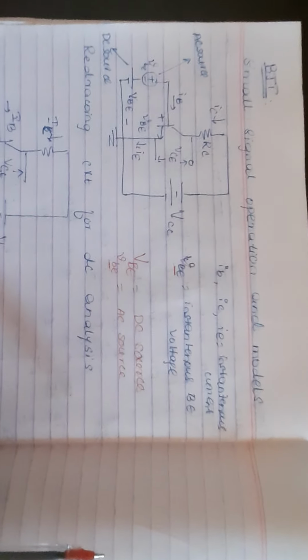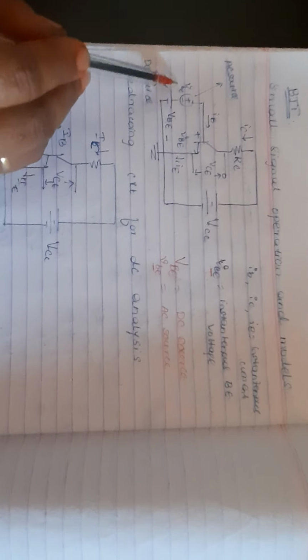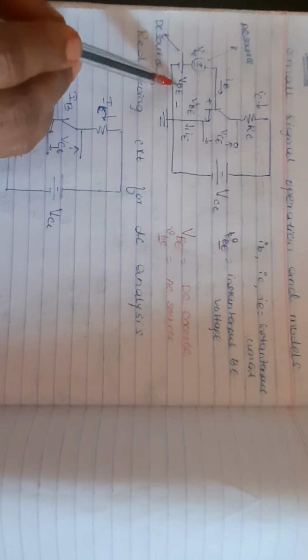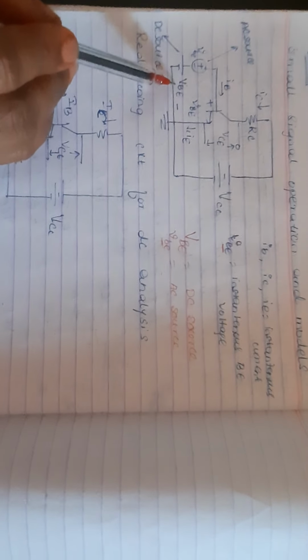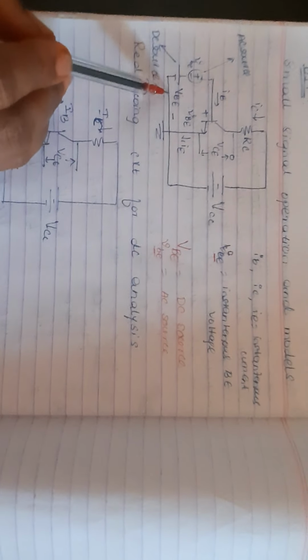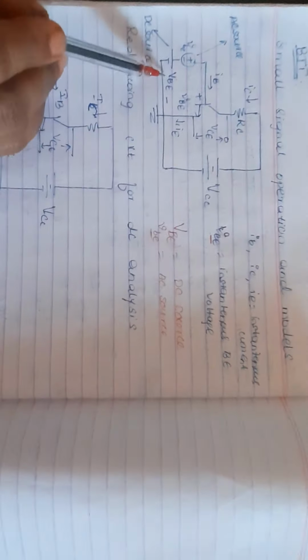The circuit contains v_be, a signal source, and for DC analysis we'll replace it by a short circuit. This capital V_BE indicates the DC source and base emitter voltage required to keep the base emitter junction forward biased.